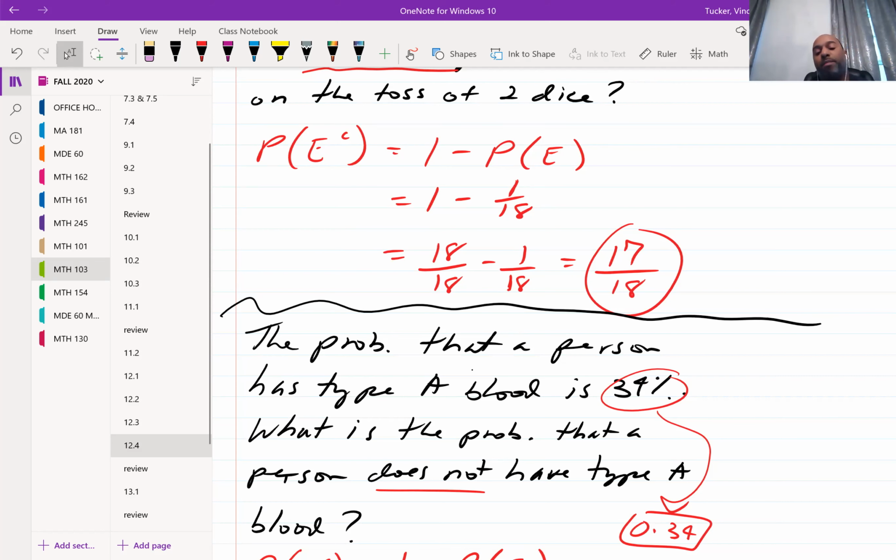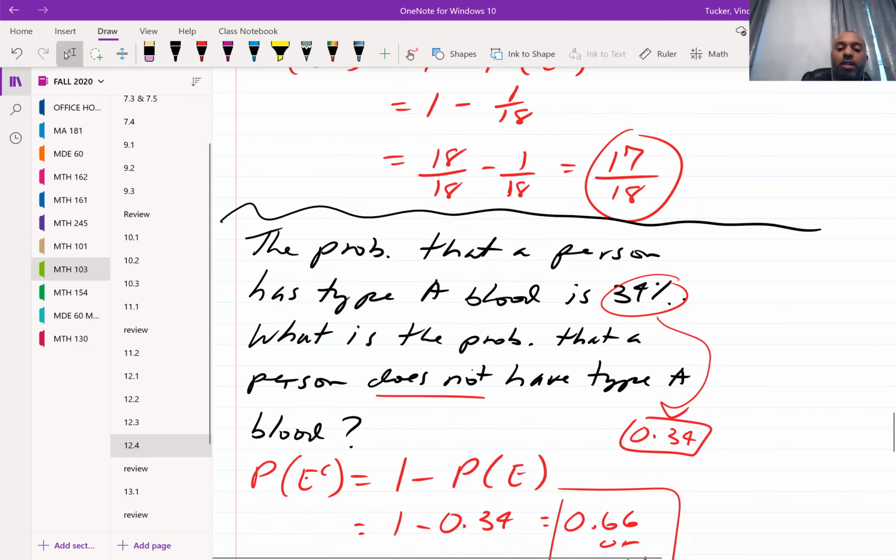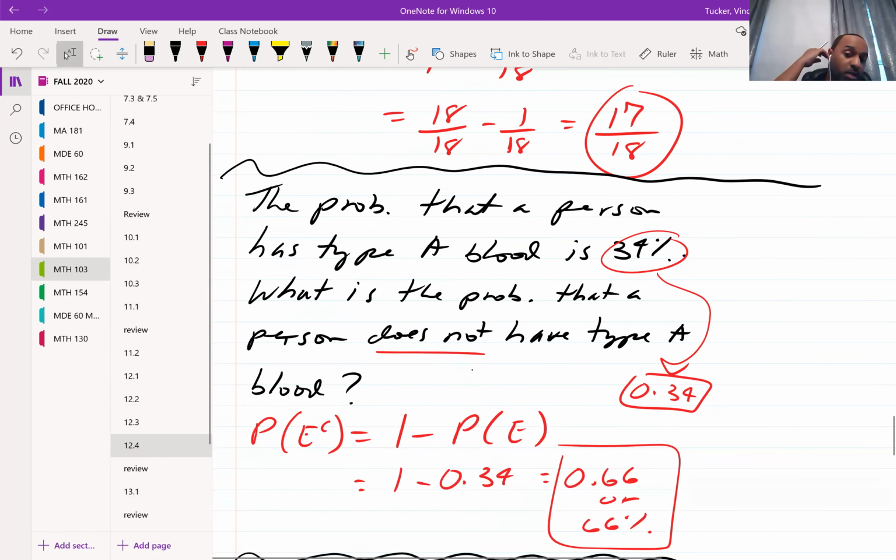We want the probability of not having type A blood, or the opposite of the event. So you convert that 34% to a decimal and subtract it from 1. That'll be 0.66 or 66%, depending on, once again, how WeatherSign wants you to give that answer.